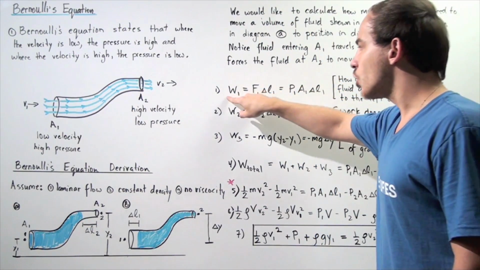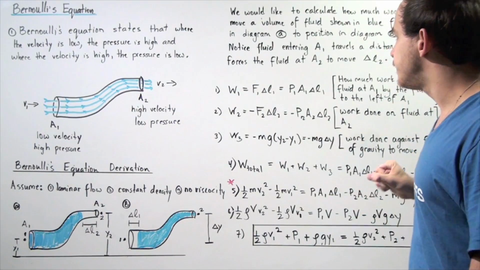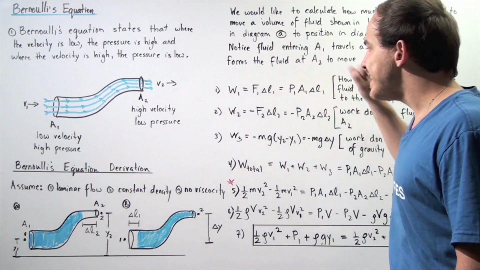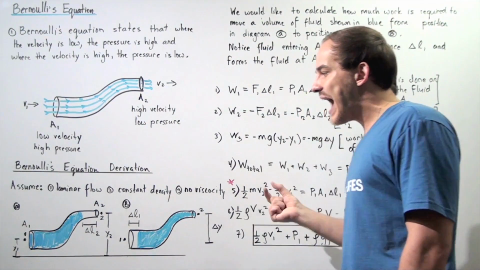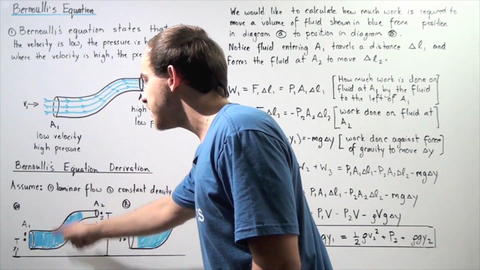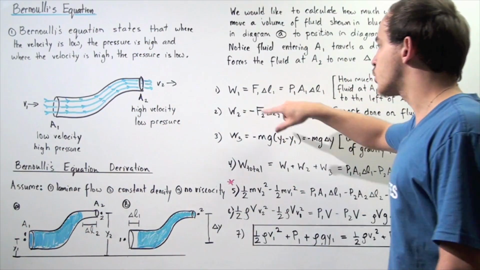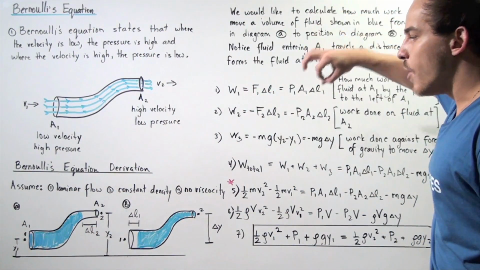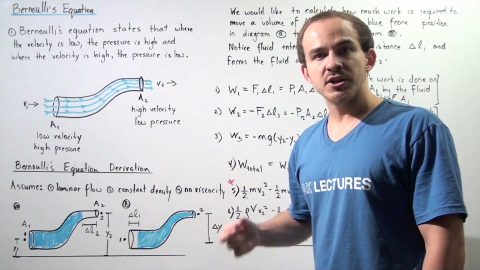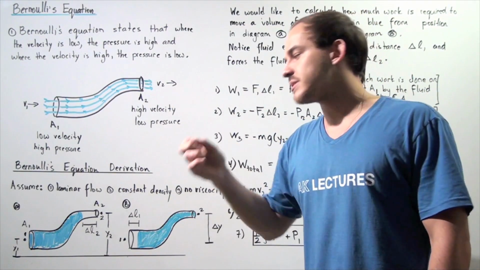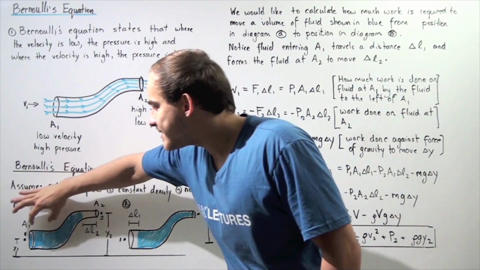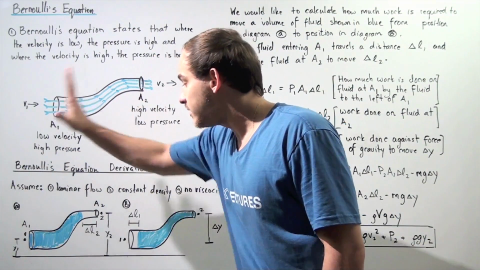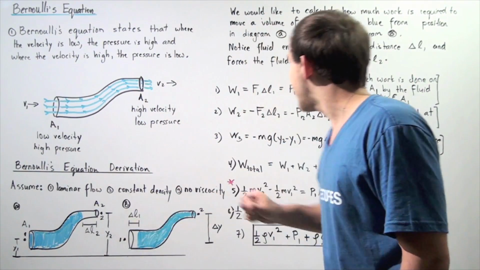So let's say work 1 is that work we're trying to find, and that means it equals the force acting on cross-sectional area A1 at point 1. So let's call that F1, multiplied by the displacement, because work is equal to force times displacement. And in this case, our displacement on the left side is change in L1.